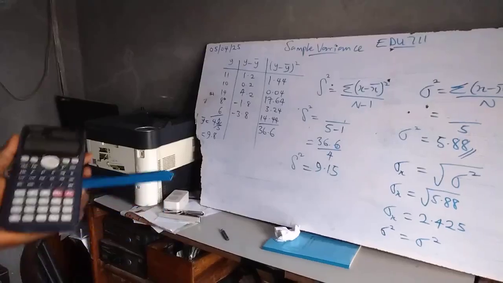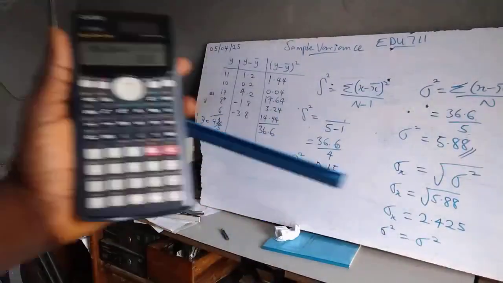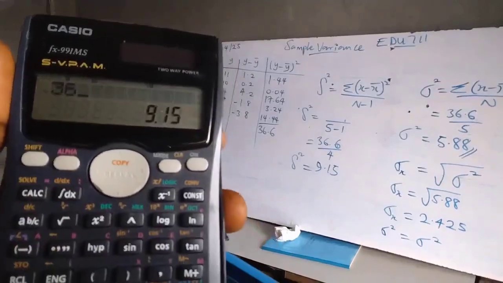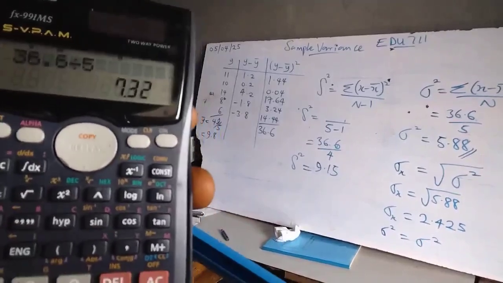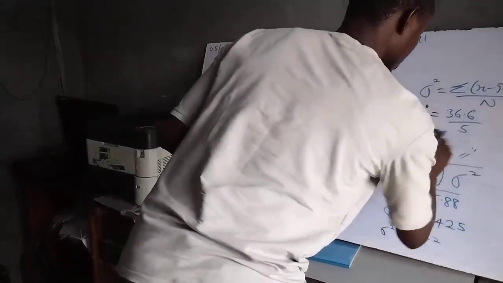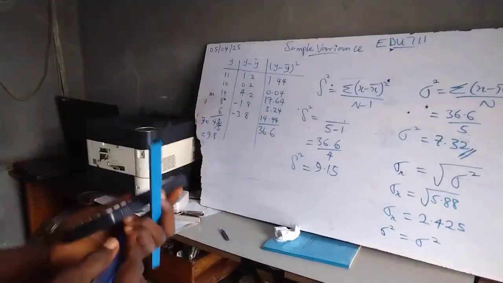Then let's see, 36.6 divided by 5 gives us 7.32.